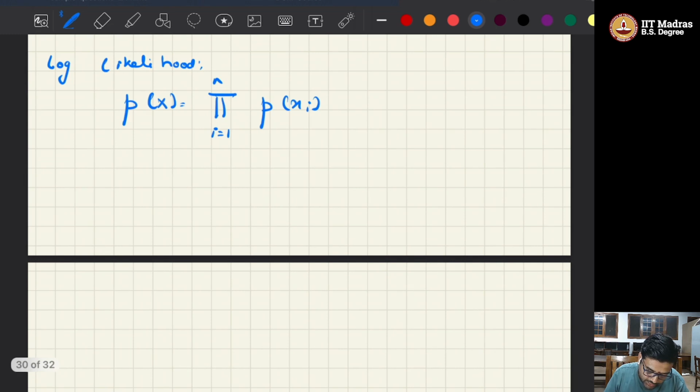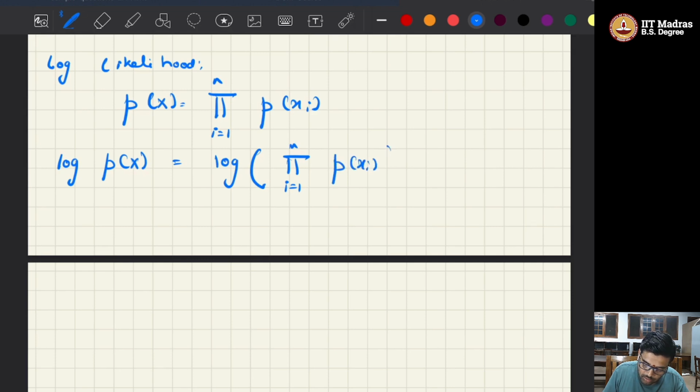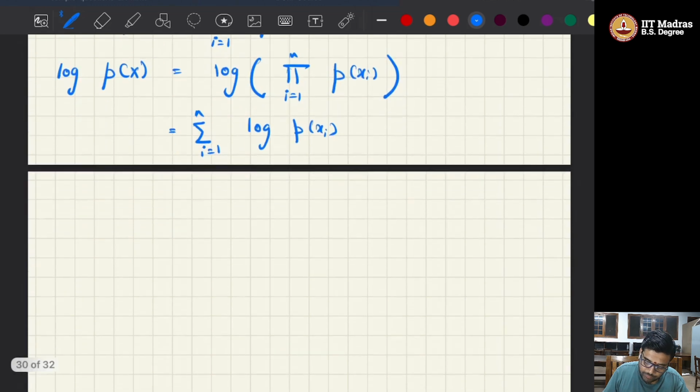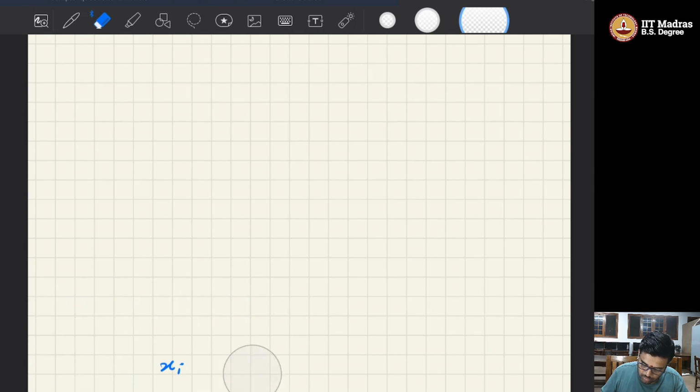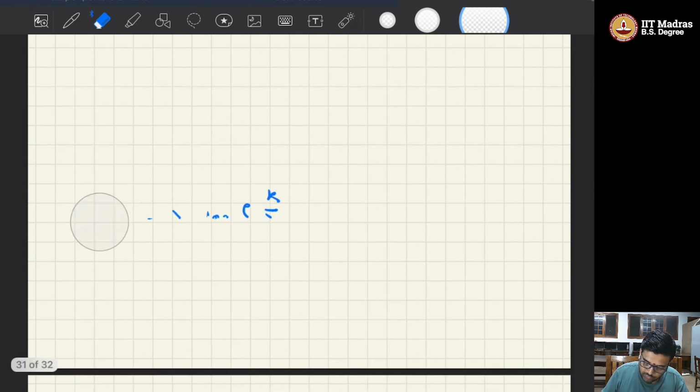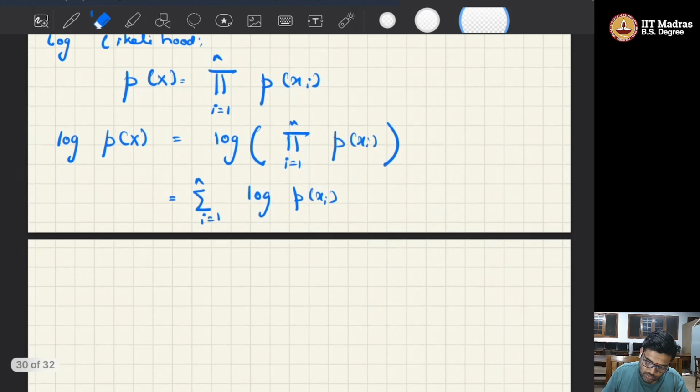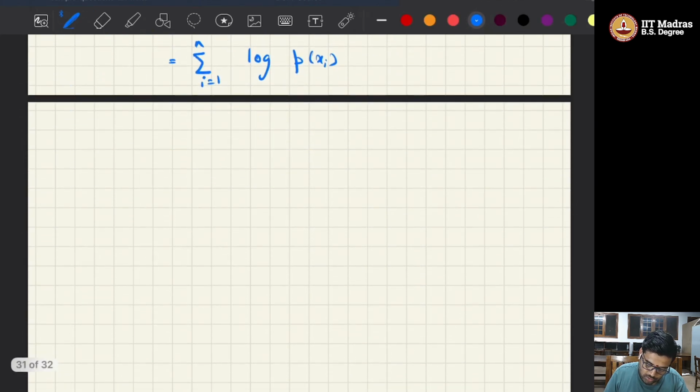If I take it on the log scale, log of p of x is the log of the product over i equals 1 to n of p of xi. Now we know the logarithmic rules. This will be the sum over i equals 1 to n of log of p of xi. We know this value already.